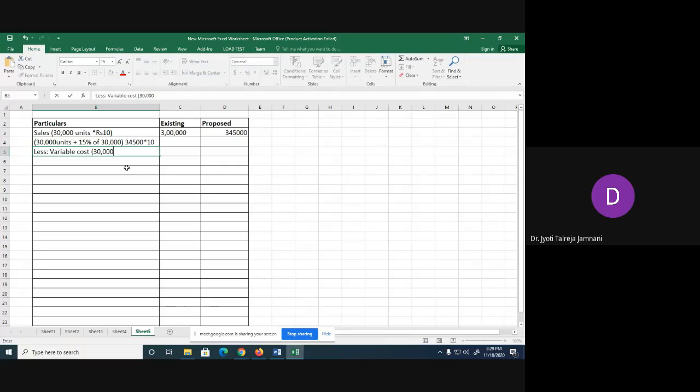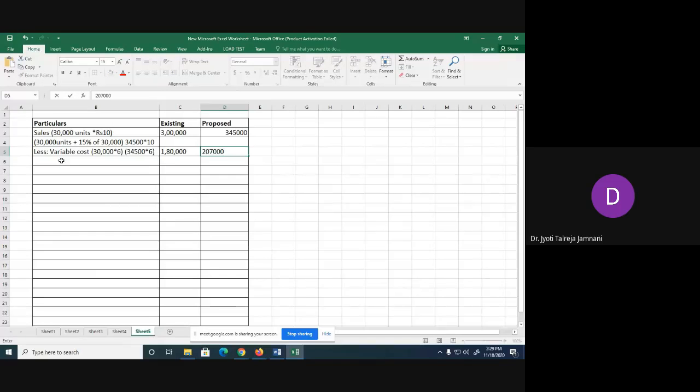Into, we have to multiply it with 6 rupees per unit variable cost. So 30,000 into 6, you will get 1,80,000. And for the proposed, you have 34,500 units, which we calculated with the 15% increase in the number of units. So proposed will now be 34,500 units into 6 rupees variable cost. So if you multiply, you will get the total variable cost as 2,07,000.